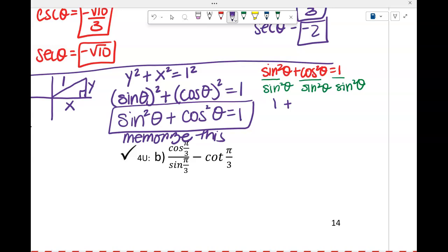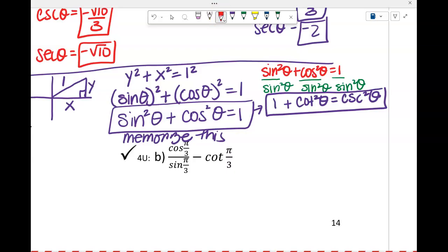Cosine squared divided by sine squared is going to be cotangent squared of theta, because it's x over y. And then 1 over sine, we already know that as cosecant, so this is cosecant squared of theta. So this is a second theorem, but it's easy to derive, right? Because all we had to do was divide by sine.